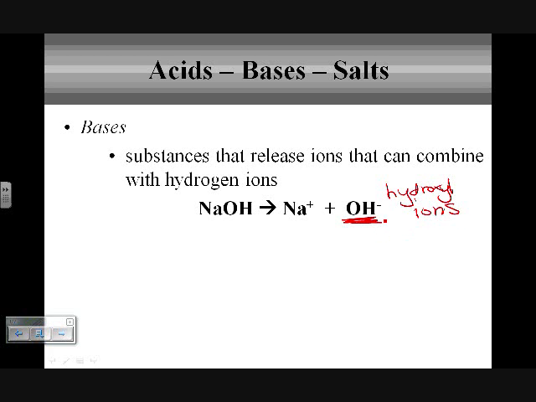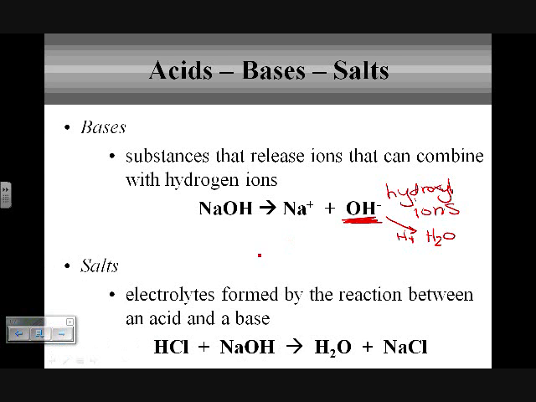You can see that if they combine with a hydrogen ion, you have a combination that creates water. So when these hydroxyl ions combine with our hydrogen ions, it kind of neutralizes out, so that base is kind of the opposite of what we're looking at when we look at an acid.